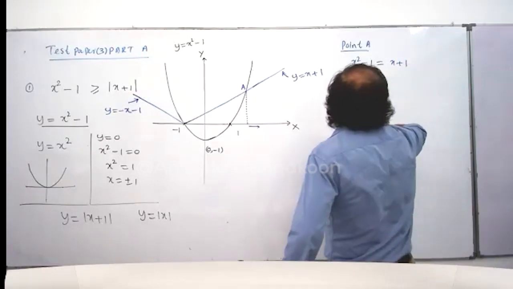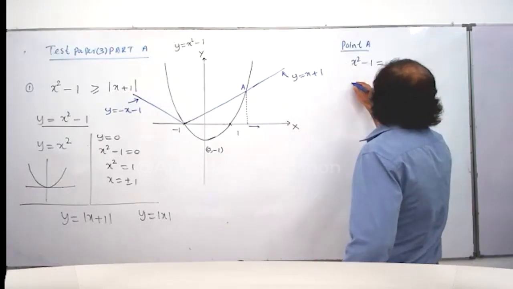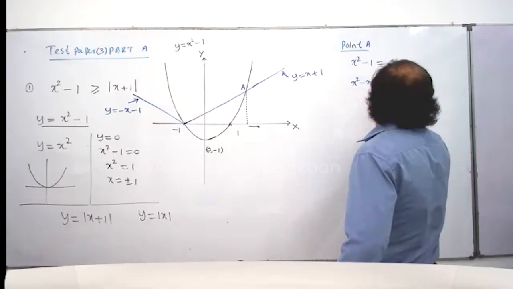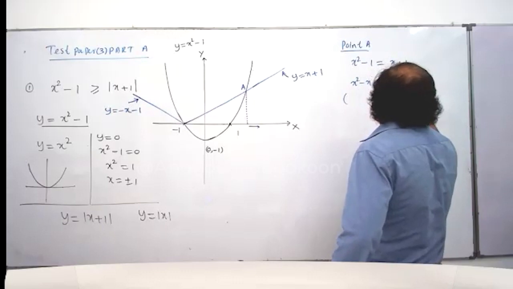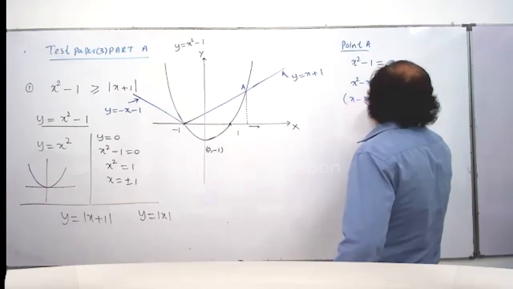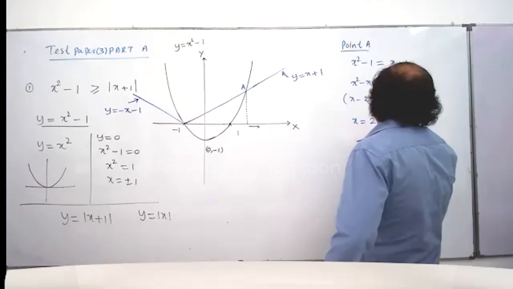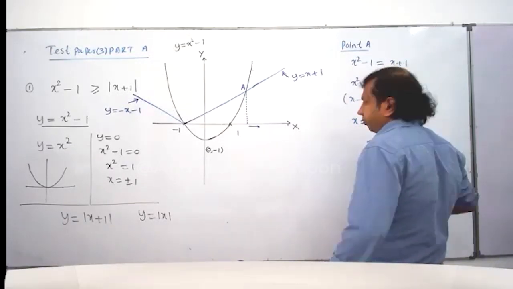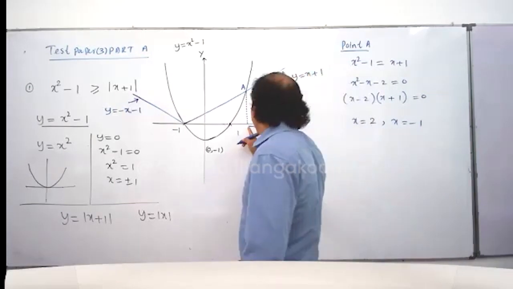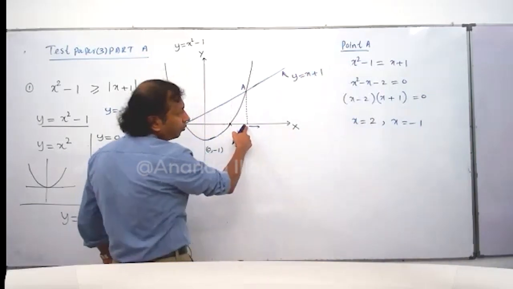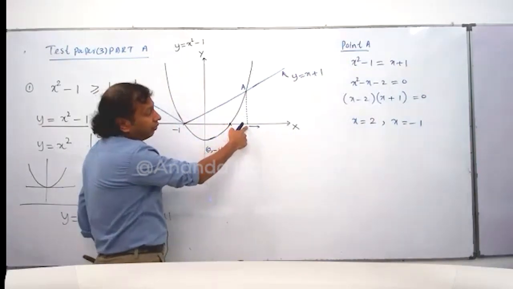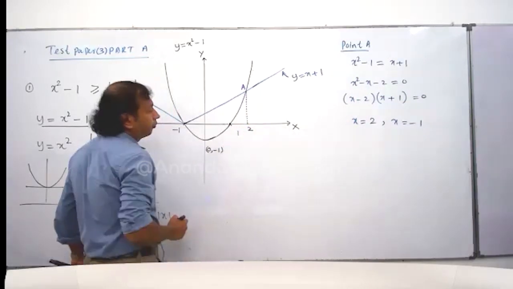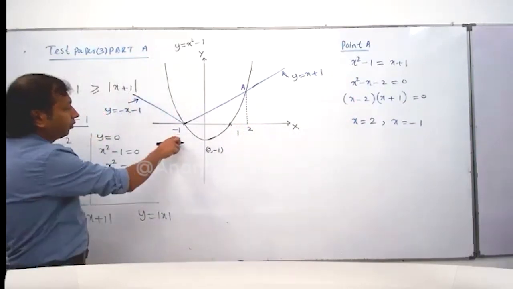So we get x squared minus x minus 2 equals 0. Factorize it. We get x minus 2, x plus 1. Then x is 2 or minus 1. This point is definitely not minus 1, so this is 2, and this is minus 1.